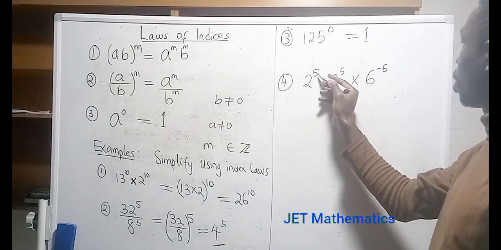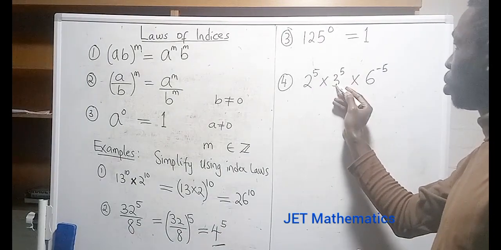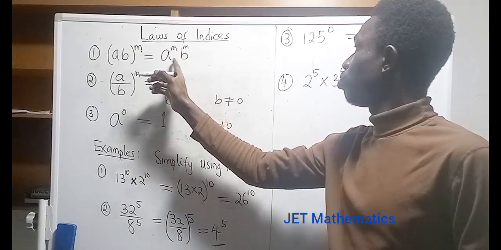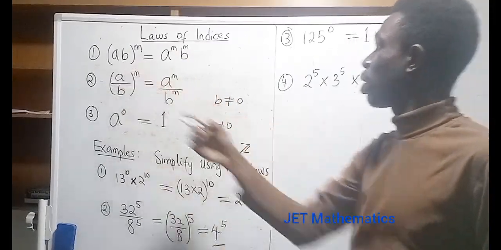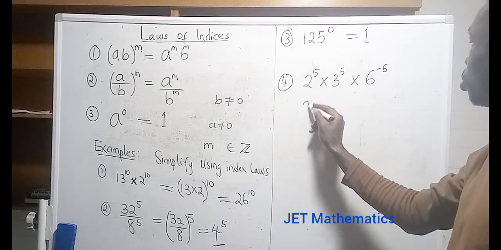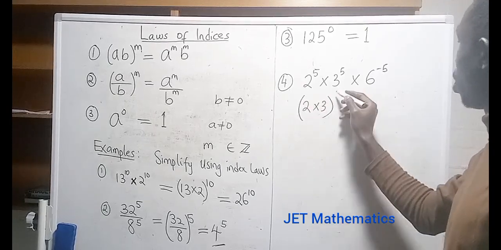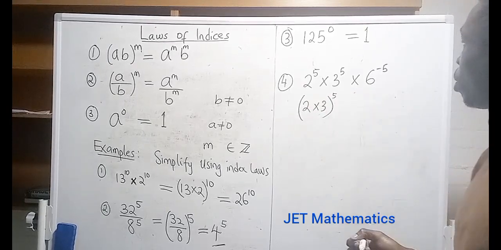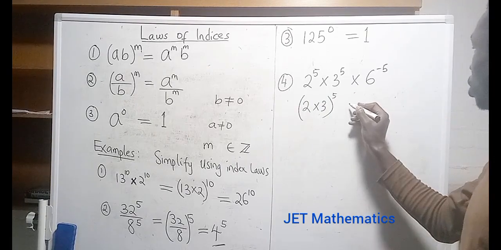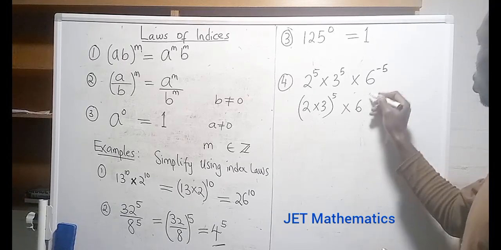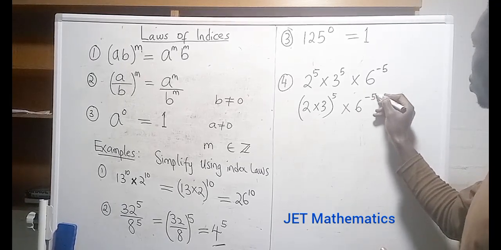We have seen they have the same power but different base. We can combine them like this. So this becomes 2 times 3 all raised to the power of 5, times 6 raised to the power of minus 5.